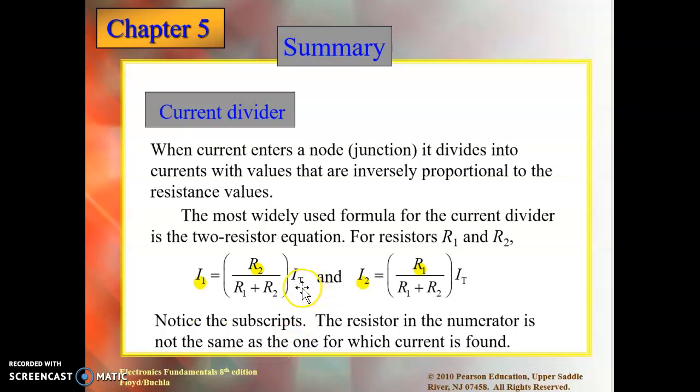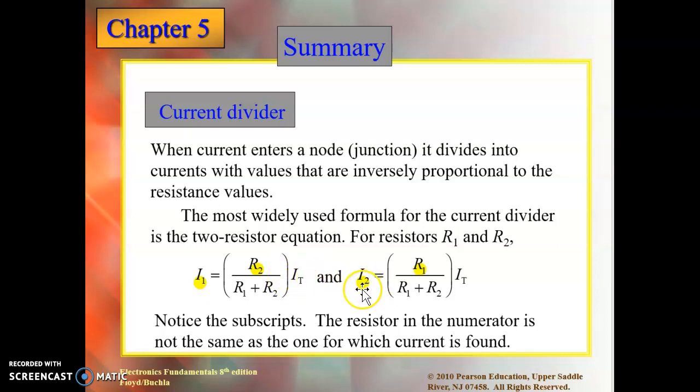The way they have generalized this form is by saying that the current I1 in resistor 1 is equal to the opposite resistor divided by the sum of the 2 resistors, multiplied by the current entering that junction or node.